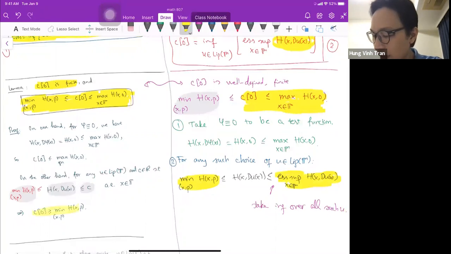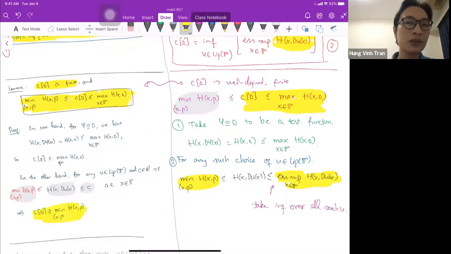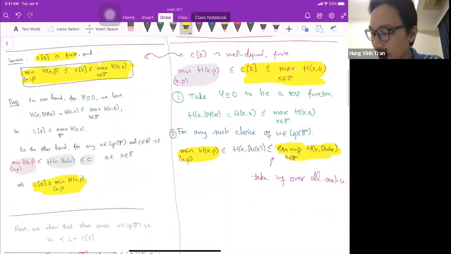I'm highlighting on the left panel here that C naught is greater than or equal to the mean value of h, so we are done. So this is a simple bound. It turns out to be quite a useful bound that we can use for our analysis later. I'll tell you when it comes.